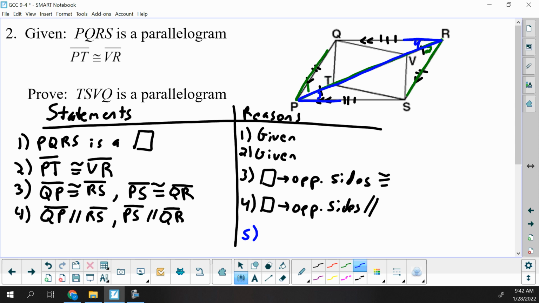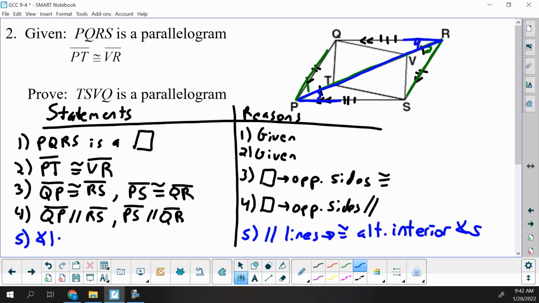So our reason is going to be parallel lines implies congruent alternate interior angles. And our statement is just going to be angle 1 is congruent to angle 2, and angle 3 is congruent to angle 4.